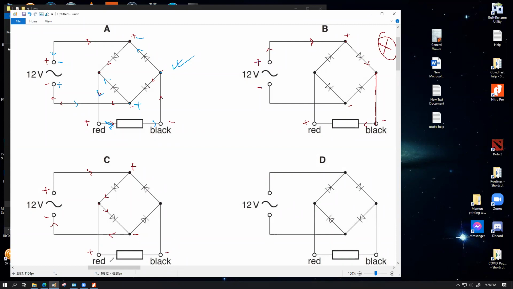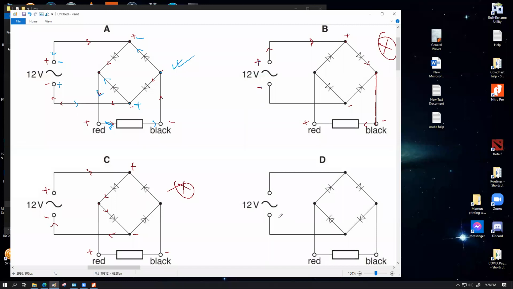It will not flow through the resistor, because current will simply go through the diodes because they are all in forward bias and complete the circuit. This is a basic short circuit. So this is not having the current flow from red to black. I can see the error already. So I'm moving on. This is not acceptable either.